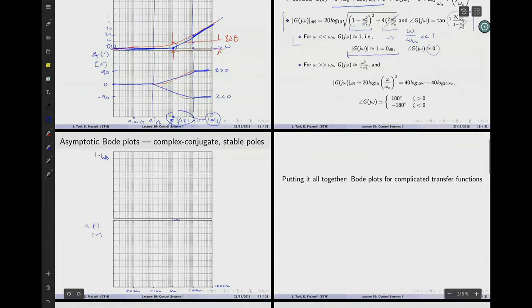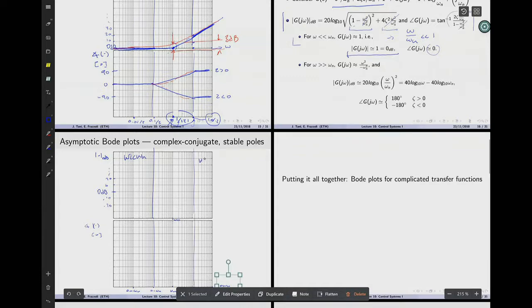Okay, so what have we been saying? Suppose that this is 0 dBs, and this is 10, this is 20, and so on. Then what we're saying is that anything under here falls under the approximation of omega much smaller than omega n, and here omega much bigger than omega n.